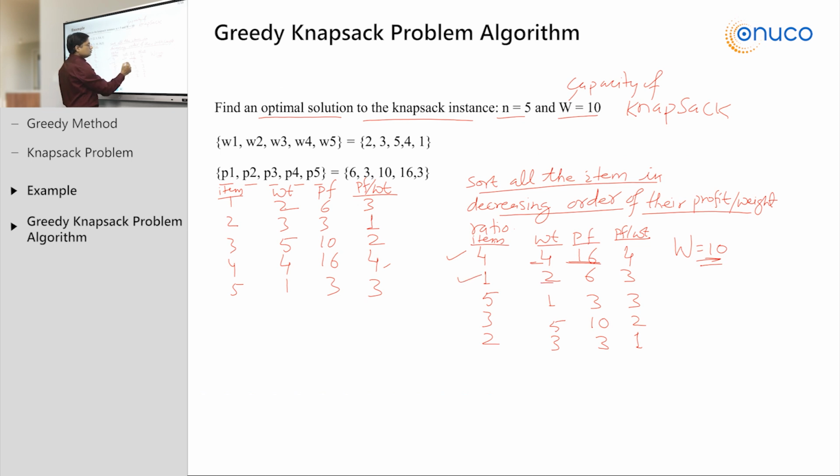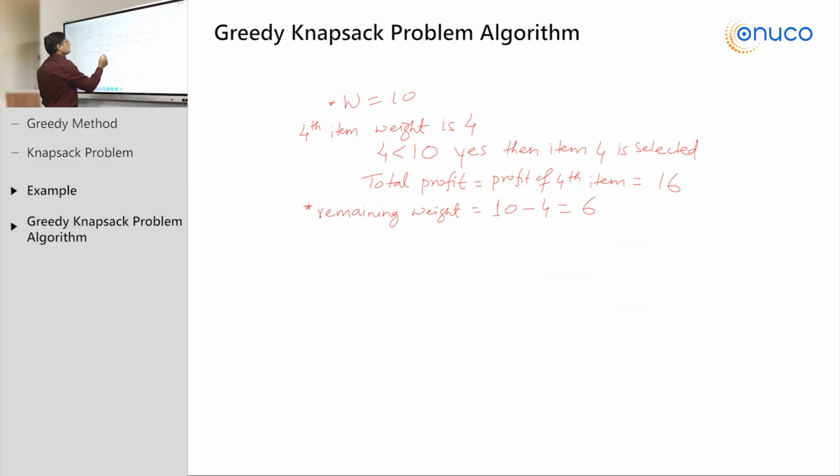And what is the weight? 2. Profit is 6. So we are going to check whether we are able to add the complete 2 kg or not. Yes. Is this 2 less than 6? Yes. Then if it is yes, select the first item.